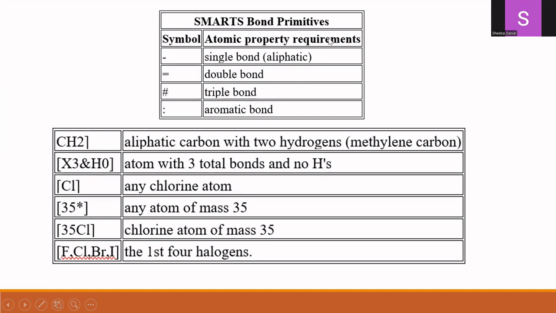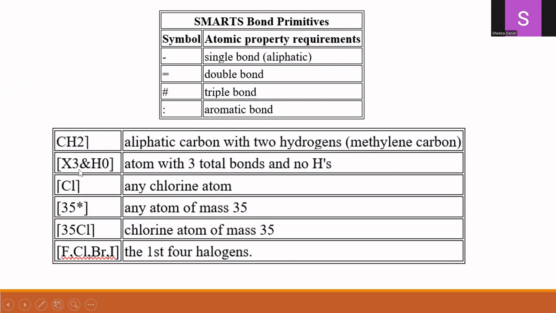SMARTS bond primitives. Simple atomic property requirement. Hyphen represents a single bond, that is aliphatic. Equal symbol represents double bond. Hash represents triple bond, and colon represents aromatic bond. The next is CH2, that means aliphatic carbon with 2 hydrogen atoms.